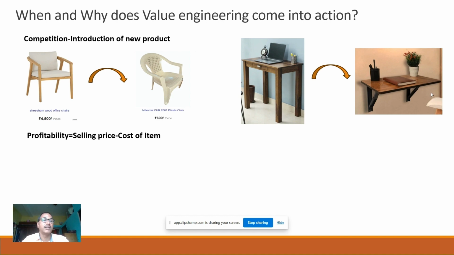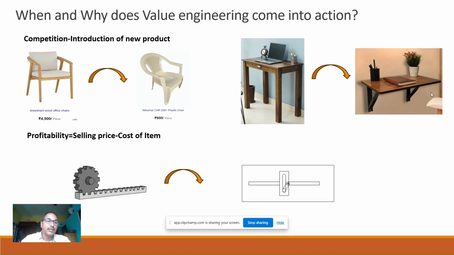Now, if you look at this example, here on the left side, you have the rack and pinion example where the pinion moves this particular rack to and fro. This includes the manufacturing of this rack, manufacturing of the pinion, and a lot of greasing needs to be provided in between these two, and we have a motor and everything. This can be replaced with a simple Scotch yoke mechanism where you have a slider and a motor.